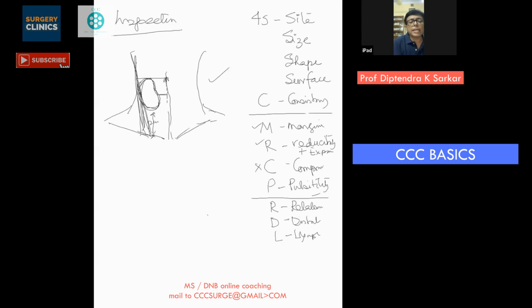Now, if you are asked to look at an abdominal swelling, we are looking at the abdomen of a person. A patient is lying down like this, and you find a swelling situated here, which is most probably arising from the aorta, or connected with the aorta, and the swelling is pulsatile.